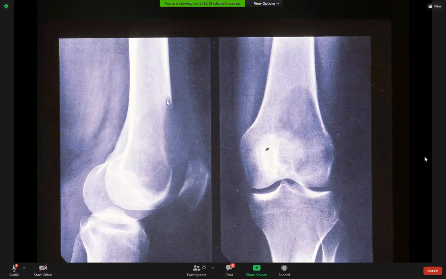Although the zone of transition is not very hazy, you can say it is a bit sharp, the amount of destruction will tell you that this is not a benign tumor. So you have to investigate that patient more, and it is osteosarcoma.